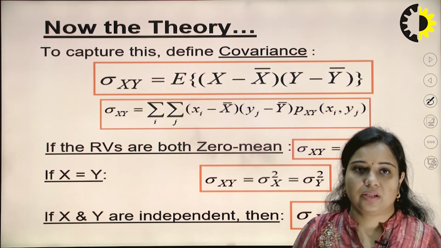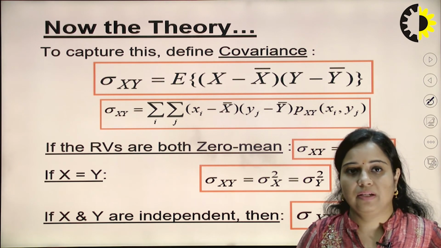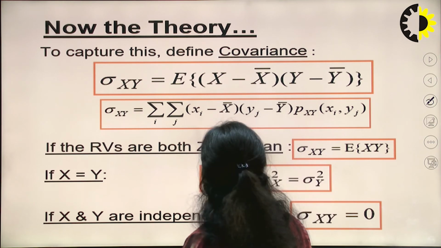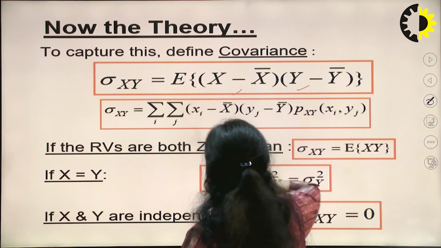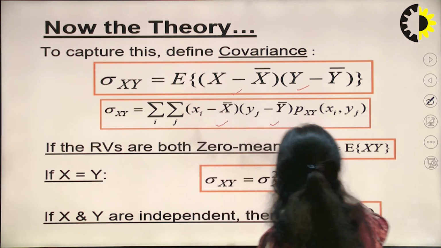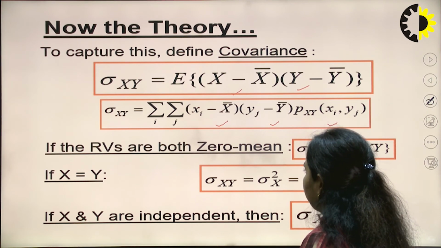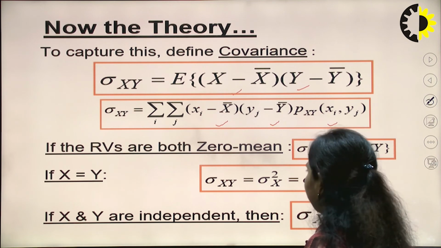Now, the theory is covariance. To capture this, we define a covariance formula. The covariance formula is sigma x y equals the expected value of x minus x bar into y minus y bar. So, sigma x y equals the sum of x i minus x bar into y i minus y bar into the probability. If the random variables both have 0 mean, then sigma x y equals the expected value of x y.